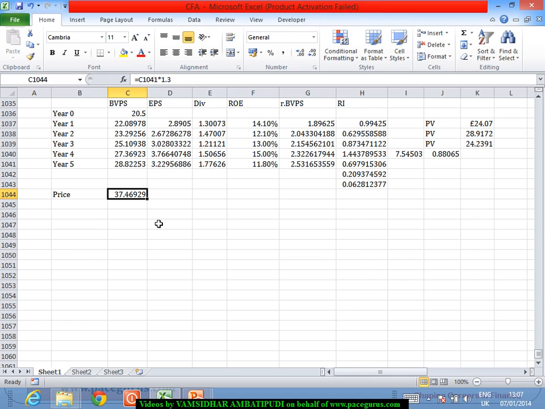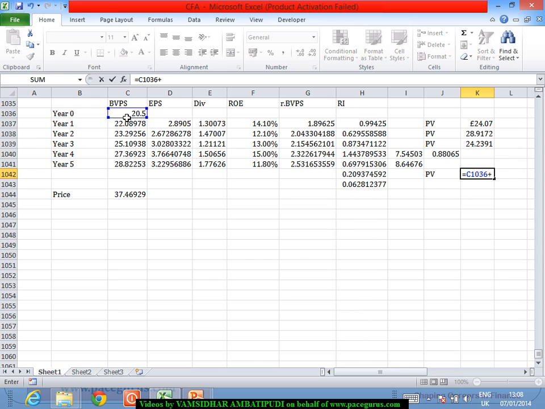So from the 6th year onwards, the present value of all the RIs is going to be the excess, 37.46 minus the book value. So I am assuming that the present value of whatever the excess is from the 6th year onwards is equal to 8.64.